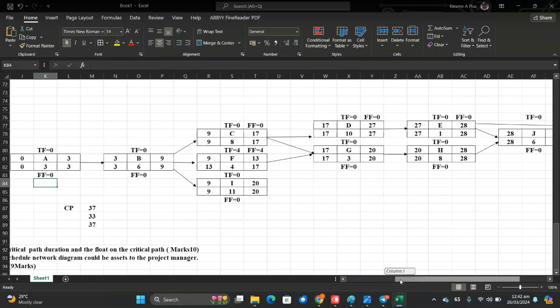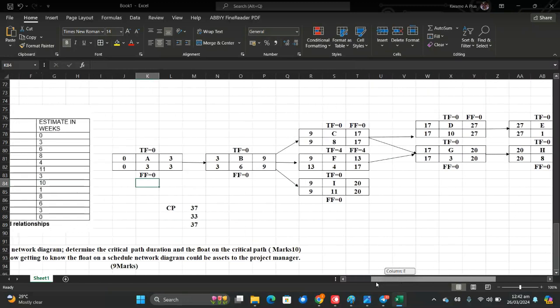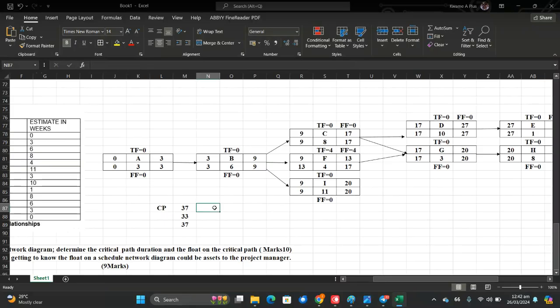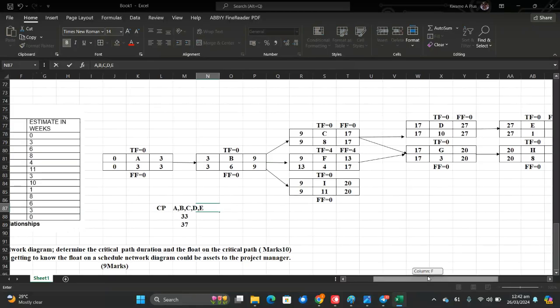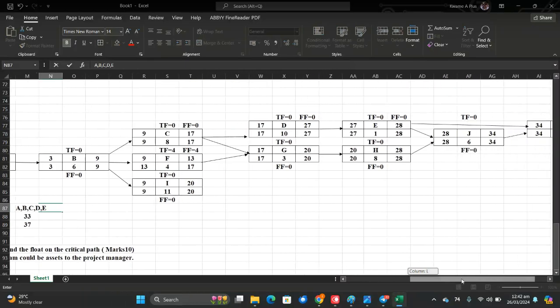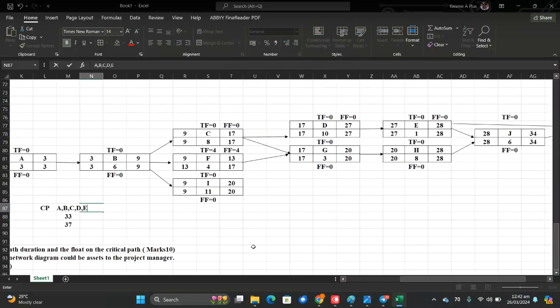Okay, so let's look at the critical path. Initially we had A, B, C, G, E, J and K for this.